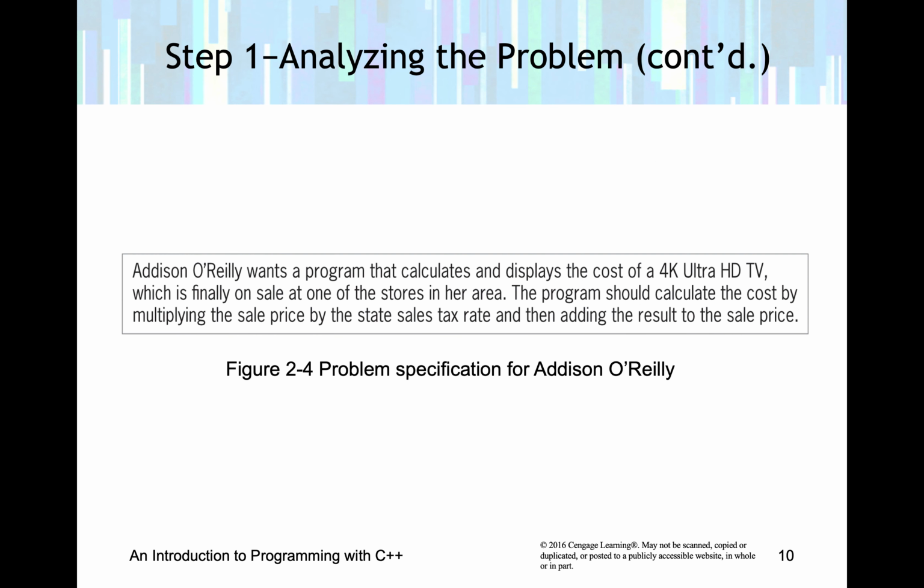So here's an example of a problem. This problem is a specification for Addison O'Reilly, who wants a program that calculates and displays the cost of a TV which is finally on sale at one of the stores. The program should calculate the cost by multiplying the sale price by the sales tax and then adding the result to the sale price.